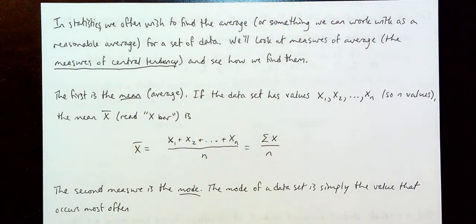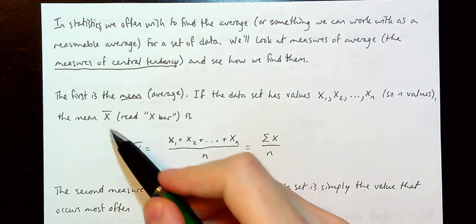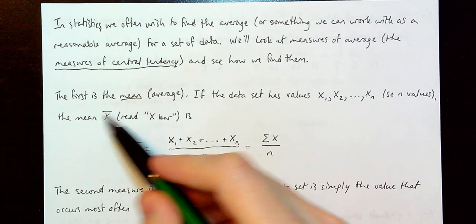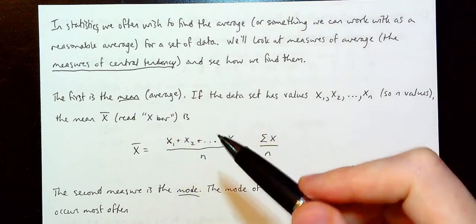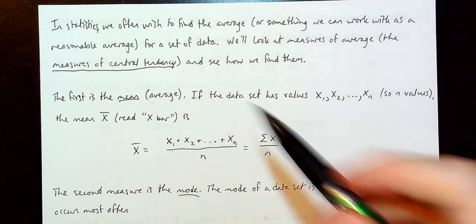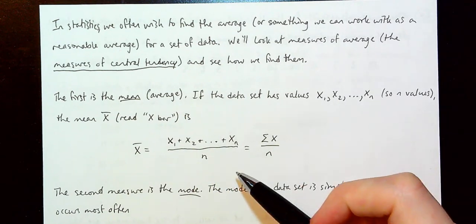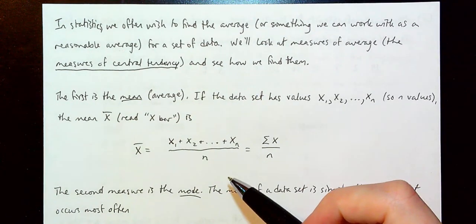The mean of this set of numbers, or the set of data, is x with a horizontal line over it, and we read that as x bar.